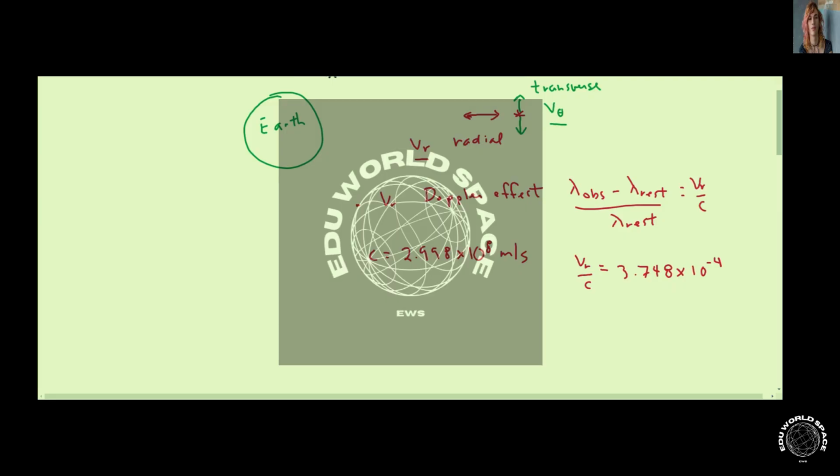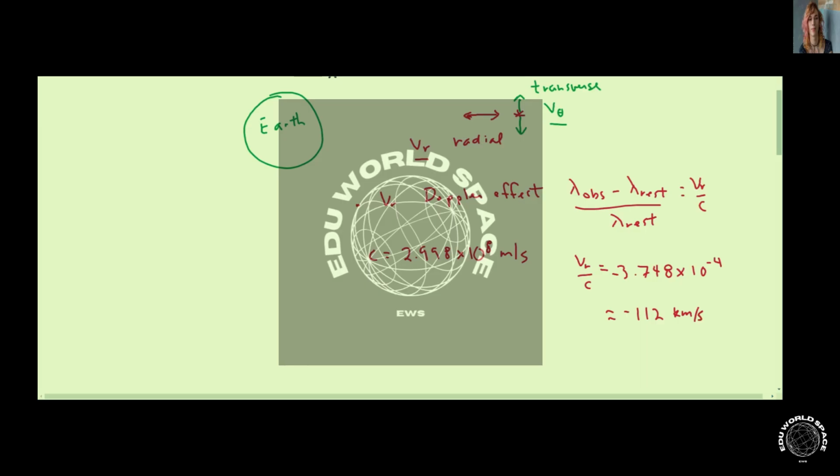And then if we multiply that by the speed of light, we get roughly negative 112 kilometers per second. That seems like a reasonable value.